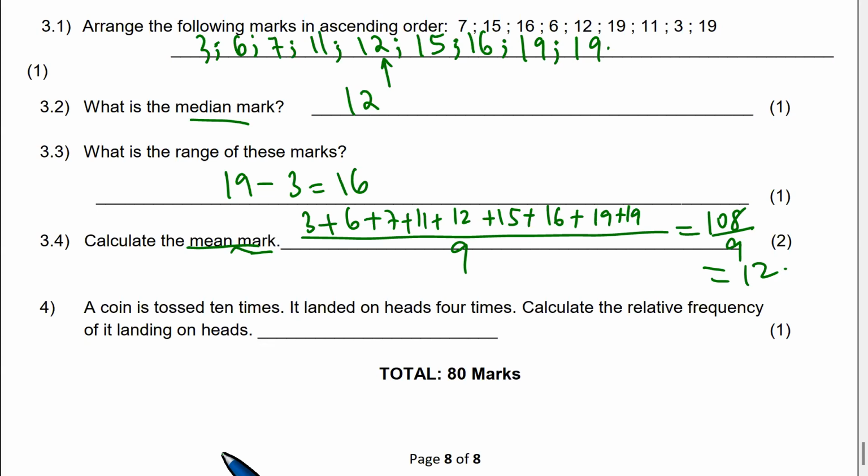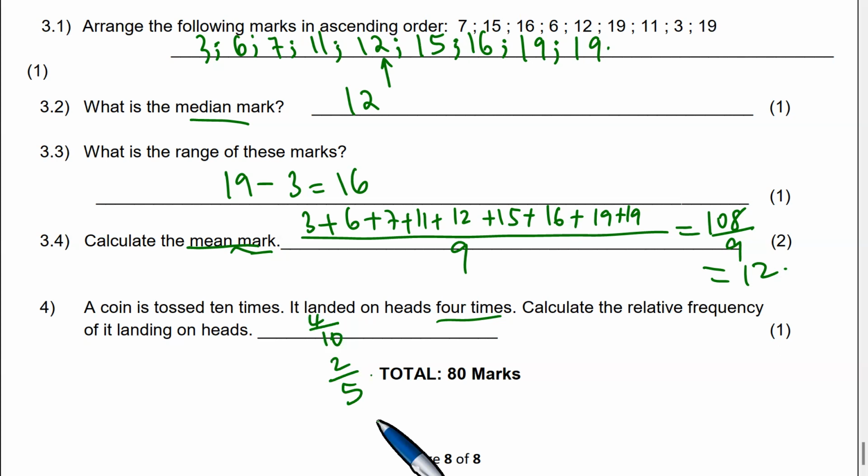All right, you've already given me the answer, and you said it landed on heads 4 times, so it's going to be 4 out of 10 times, right? 4 out of 10 times. Which is 2 out of 5. We can simplify this.